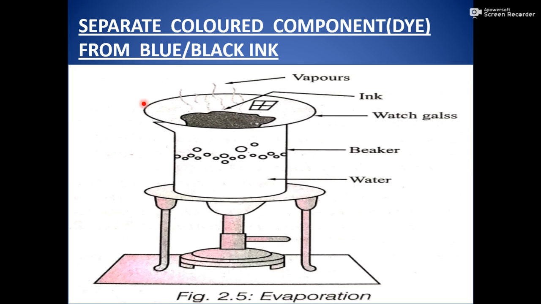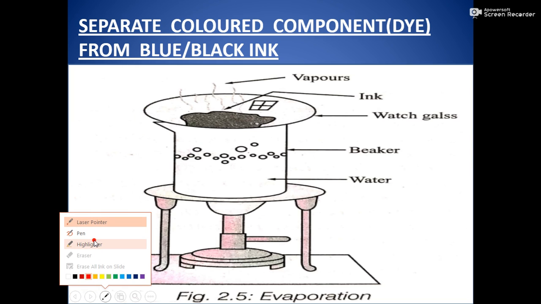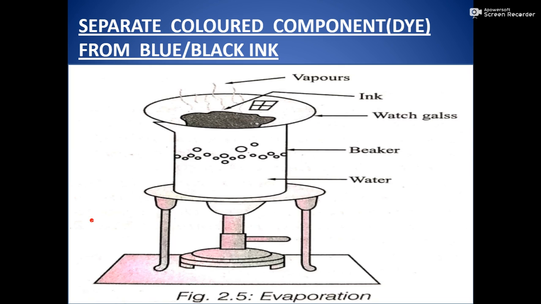So that's why this indirect heating is done, in which heat from the burner first goes to the water, and then from the water it goes to the ink. This is known as a water bath.